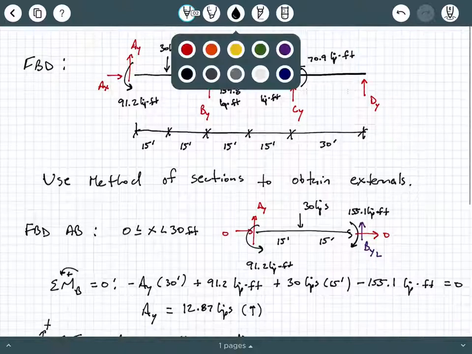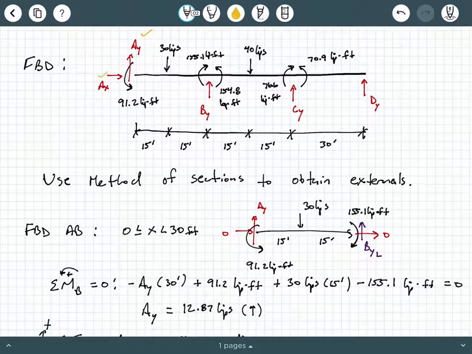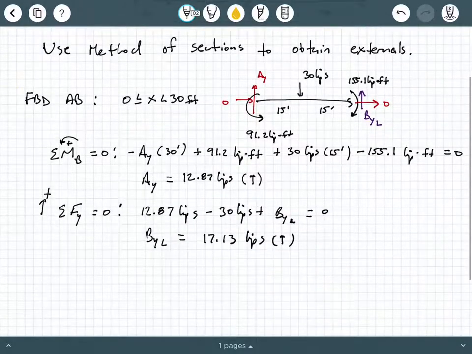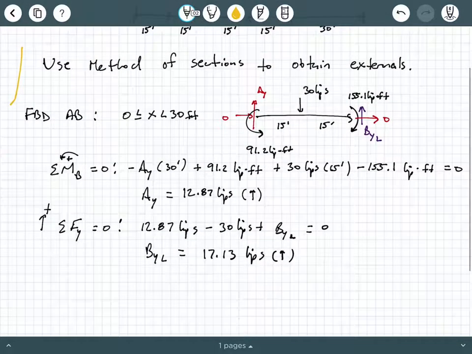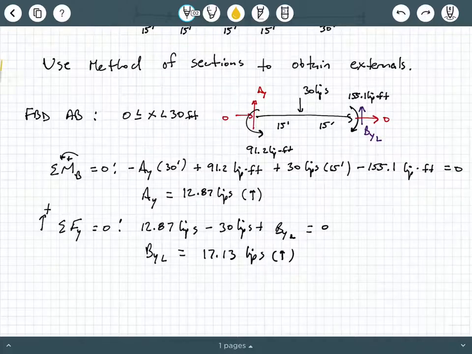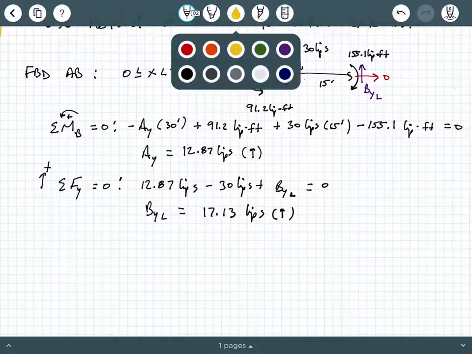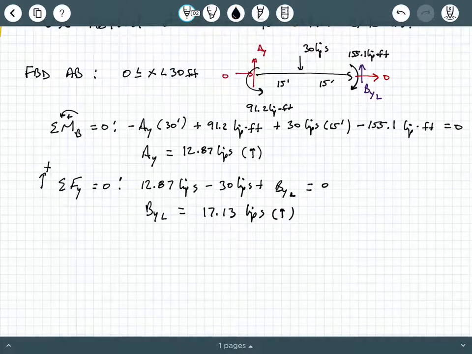Okay, so we can check off the values that we know. AX, of course, was 0. We don't know BY totally yet. We just know BY left at this point. Okay, so let's move on over. Let's look at a free body diagram of BC.